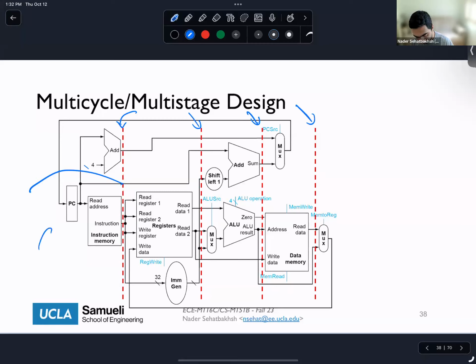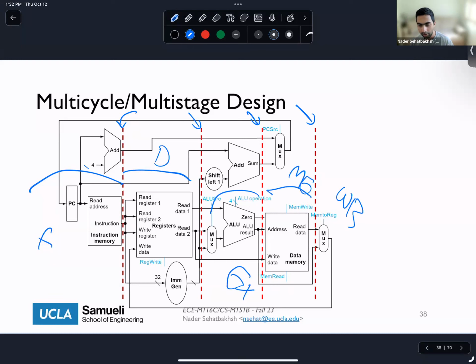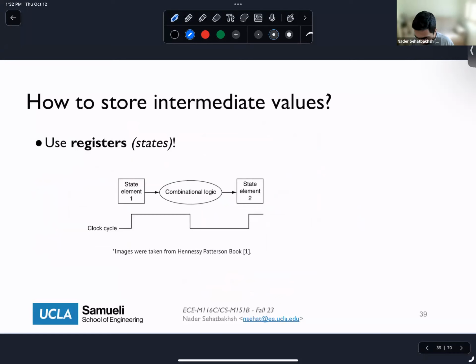We call this a fetch stage, we call this a decode stage, we call this an execution stage, we call this a memory stage, and we call this a write back stage. For now, just ignore why we are doing it this way and why I'm calling it this. Just assume that, for some reason that I'm going to explain later, I want to partition this design into multiple stages or multiple cycles, okay?